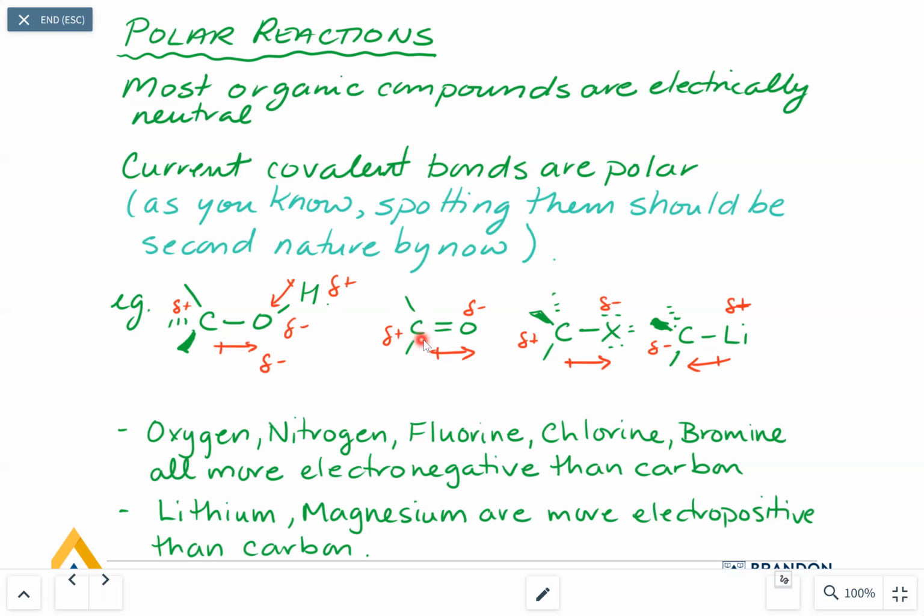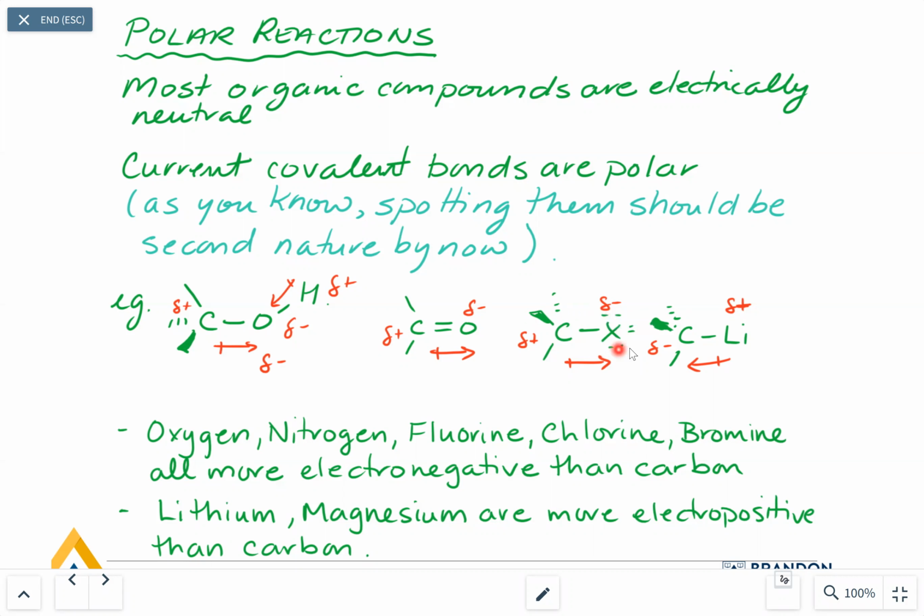Our friend the carbonyl, this is a polar covalent bond. Oxygen's more electronegative than carbon, so carbon's got the delta plus, oxygen's got the delta minus. And the halogens, this is fluorine or chlorine, certainly more electronegative than carbon. Carbon's got a delta plus.